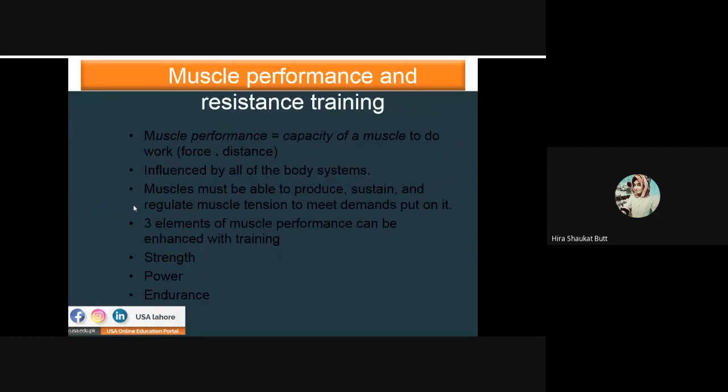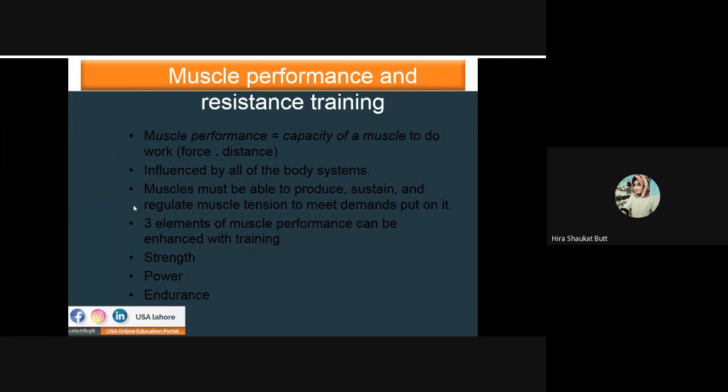So let's start with slide number 1. This is about muscle performance. What is muscle performance? The word shows performance. What is performance? Obviously, performance is the ability, capability, or capacity to do something.